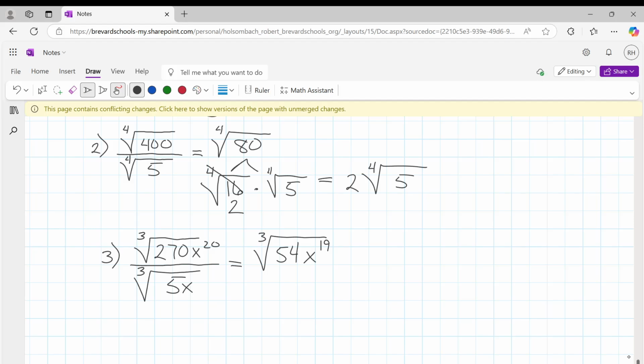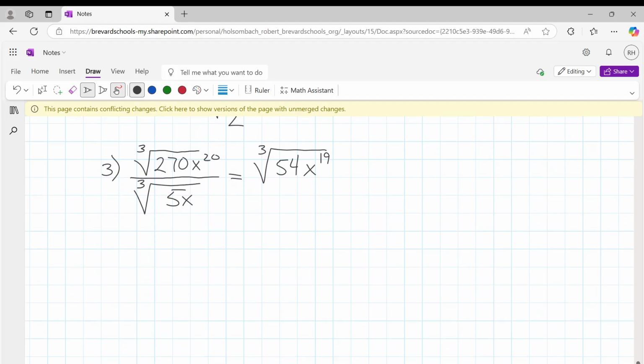Now, 54 has a perfect cube as a factor. So this third root of 54 simplifies to the third root of 27 times the third root of 2.